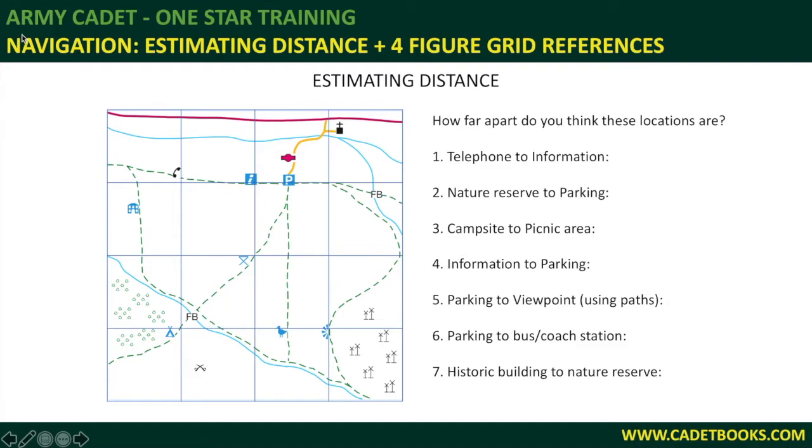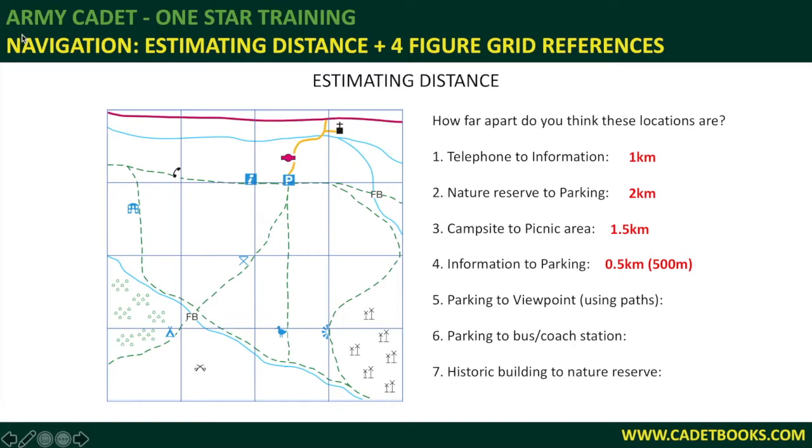Number 1. Telephone to information point. 1 kilometre. Nature reserve to parking. 2 kilometres. Campsite to picnic area. 1.5 kilometres. Information to parking. 0.5 kilometres or 500 metres.